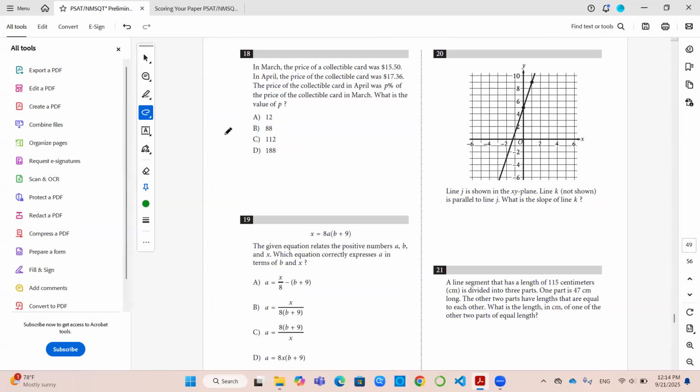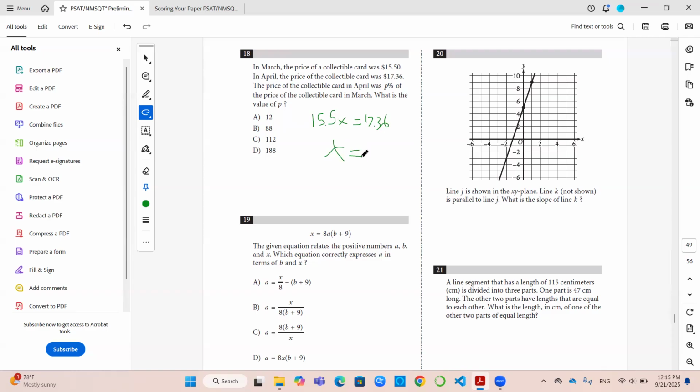In March, the price of a collectible card was $15.5. In April, the price of the collectible card was $17.36. The price of the collectible card in April is P% of the price of the collectible card in March. What is the value of P? So in this case, we have to multiply something to 15.5, and that's equal to 17.36.